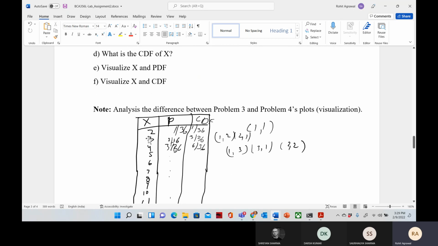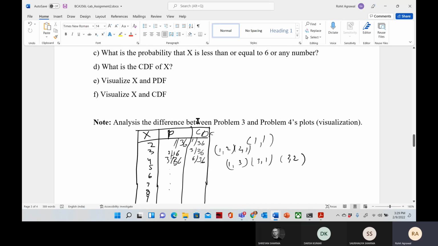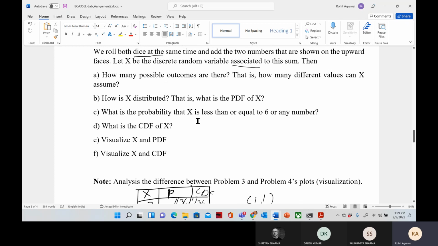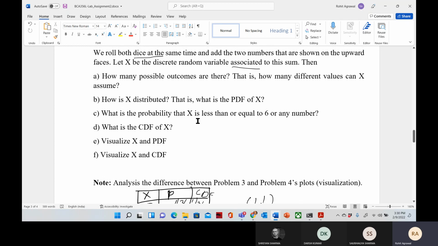So probability of 2, probability of 3, probability of 4, probability of 5, and probability of 6, we will add all of them. So this solution is clear, the B part. Yes. CDF, we will just perform the cumulative addition. This is clear?